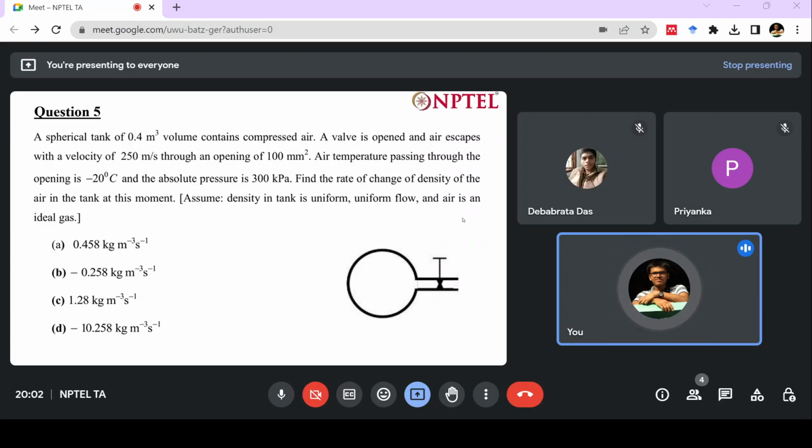The valve is opened, and the velocity at which the air escapes initially is given, and air temperature and pressure are given. So we have to find the rate of change of density of the air in the tank at this moment. Do you understand what this question is asking?